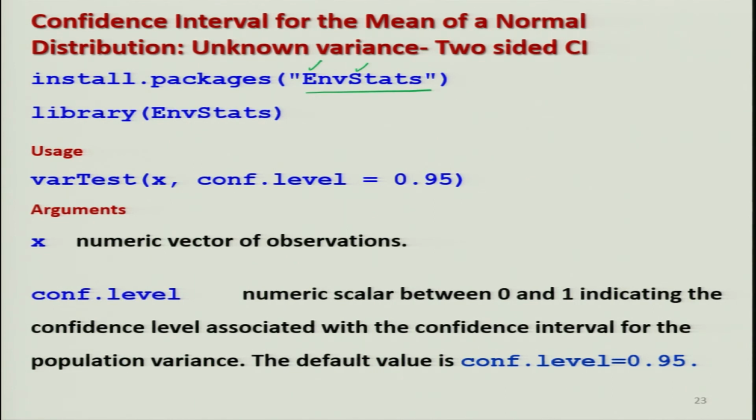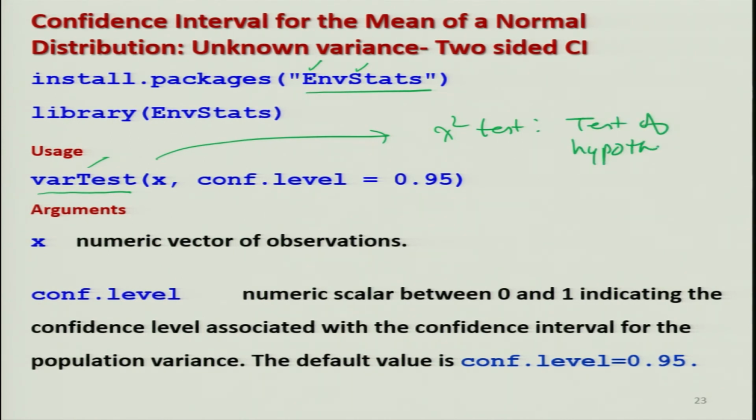And let me be honest here that the command which we are going to use for the construction of the confidence interval is varTest, where the T is in capital letter. Actually, this is for the chi-square test, which is the topic of test of hypothesis, which I am going to take up after this lecture, and it will come very soon.